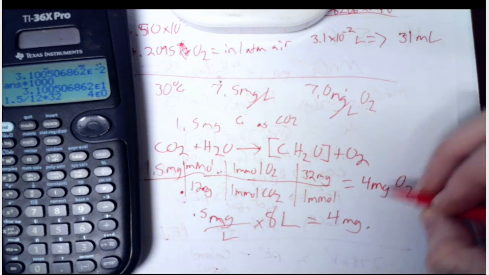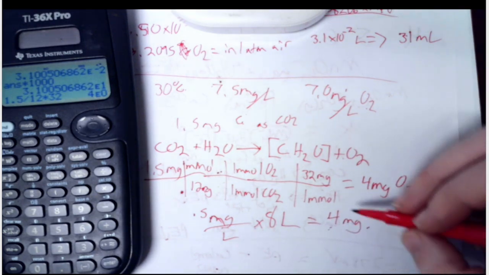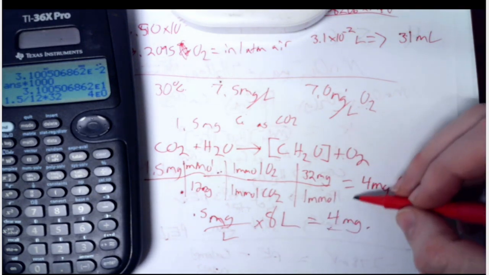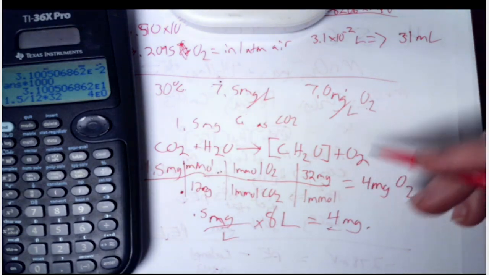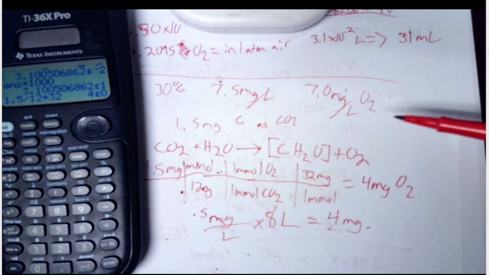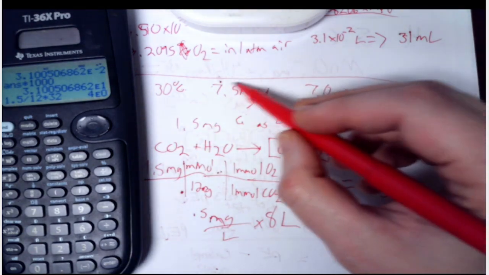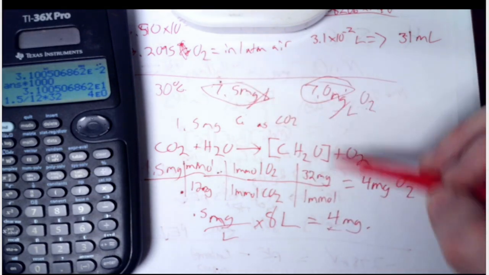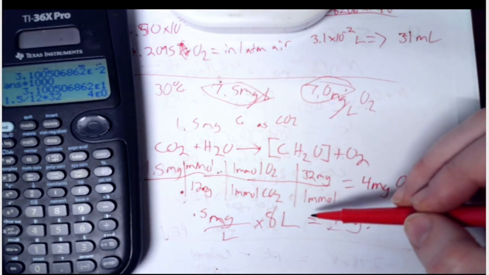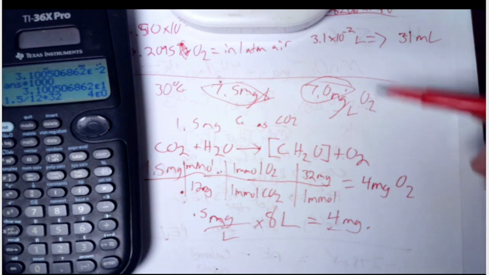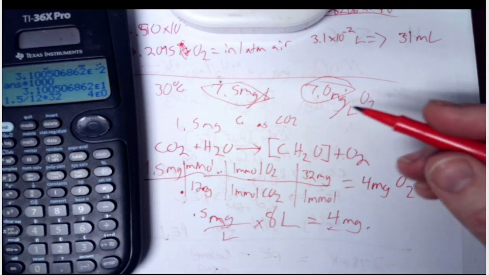So if you had less than 8 liters of water, this would exceed the solubility. But if you had greater than 8 liters of water, it would not exceed the solubility and you would be fine.